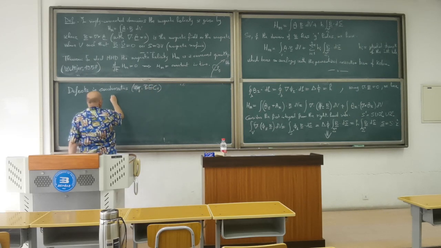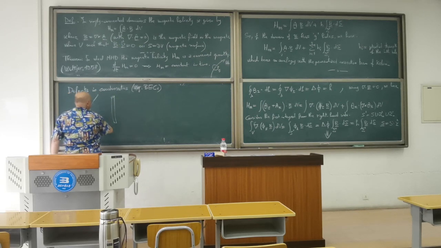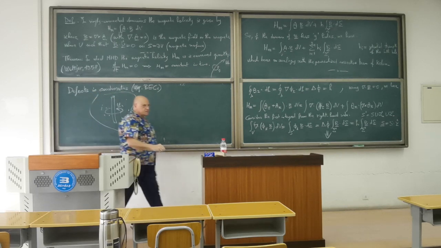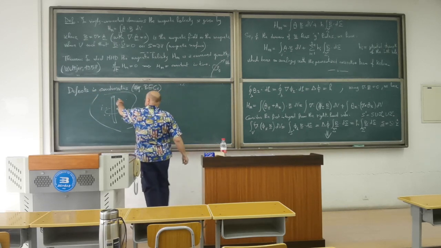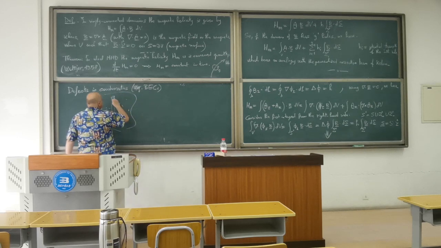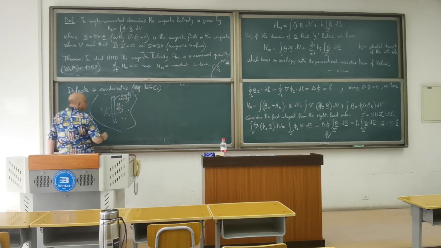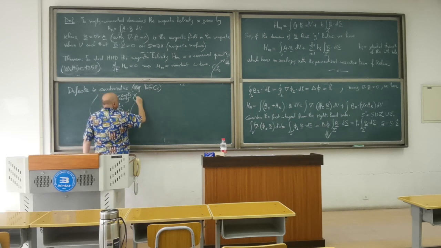So you have a defect and then the condensate all around. Point is, as I said, you have a velocity, u, and here there is nothing. So this is a cavity, an empty tube, which is a defect.